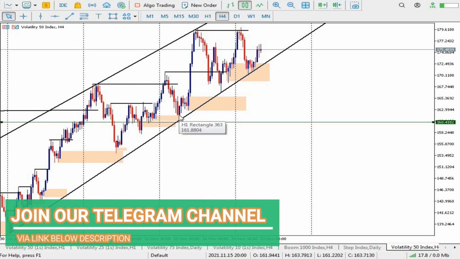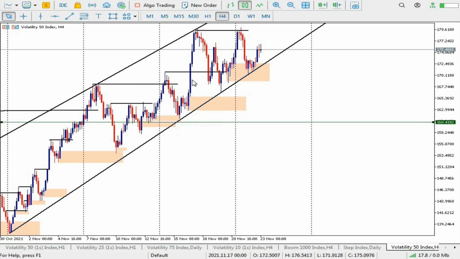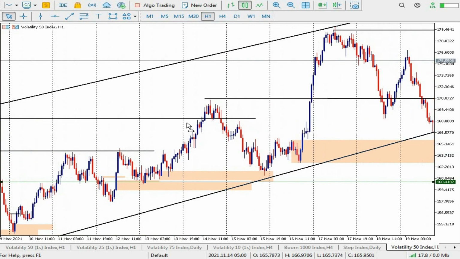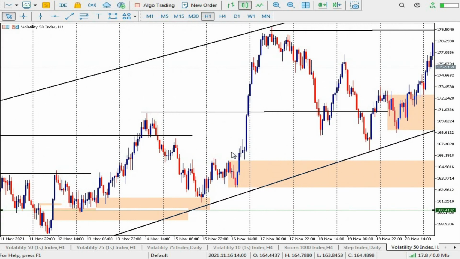Then the price comes to pick the orders and then shifts the market going up, and now the price even took out this previous high, creating a new high, but here was the order block which was responsible for breaking the structure. Sorry about that. And then the price didn't stop there, it came and picked the orders.